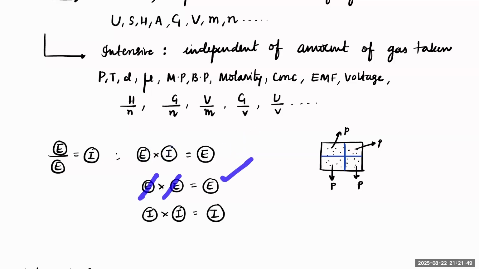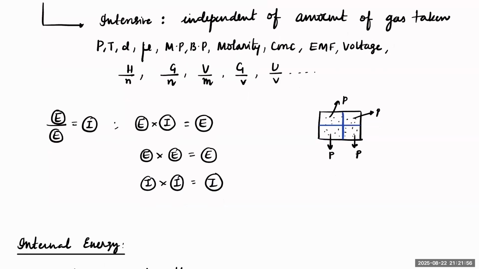Extensive into extensive is extensive, and intensive into intensive is intensive again. So here, extensive by intensive leads to what? Extensive. Clear? So you can notice that this is extensive divided by intensive, so what is it becoming? Again, extensive.